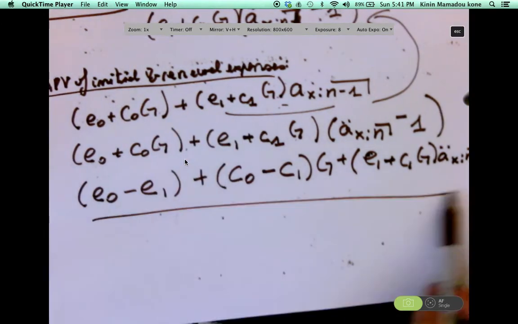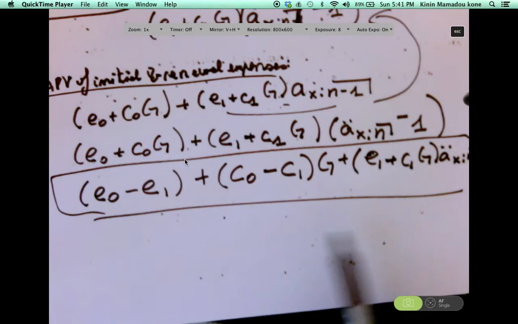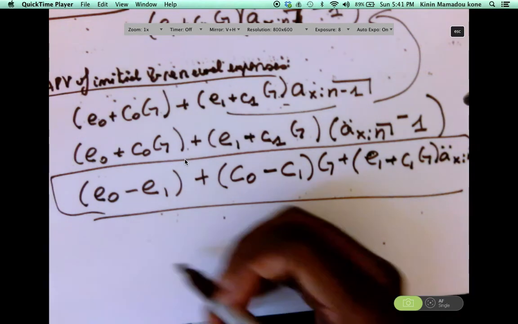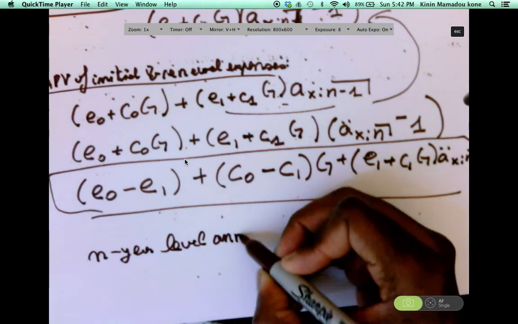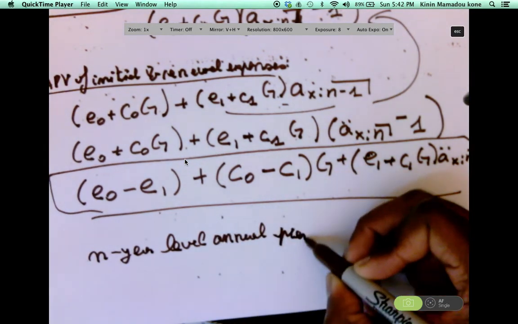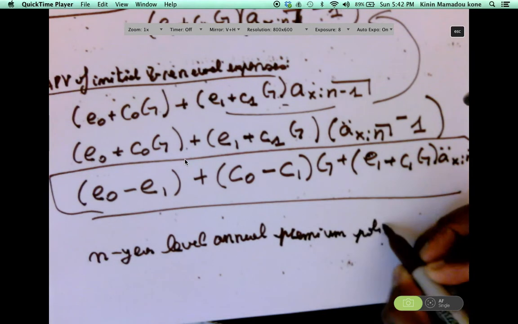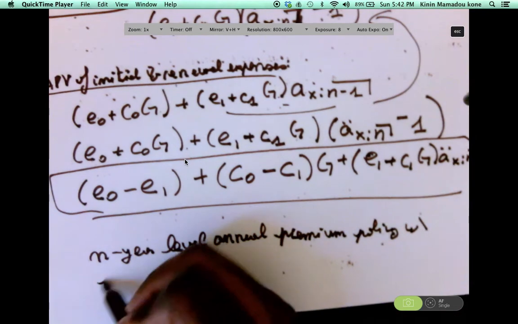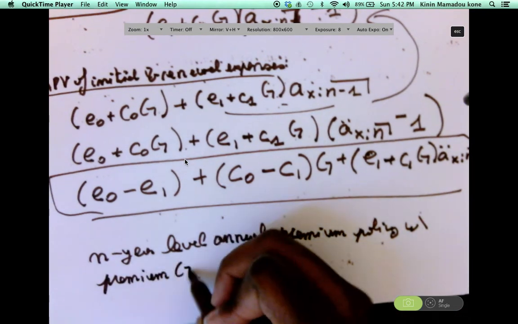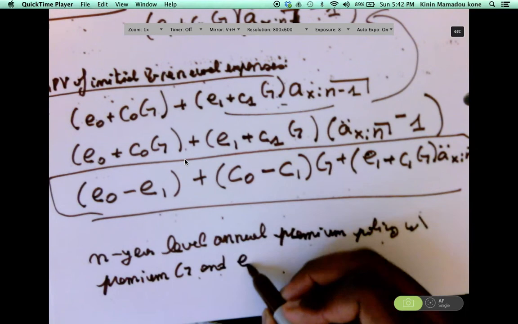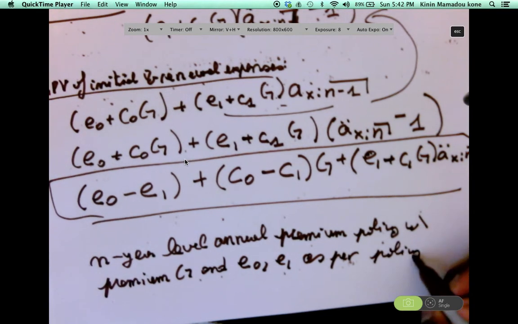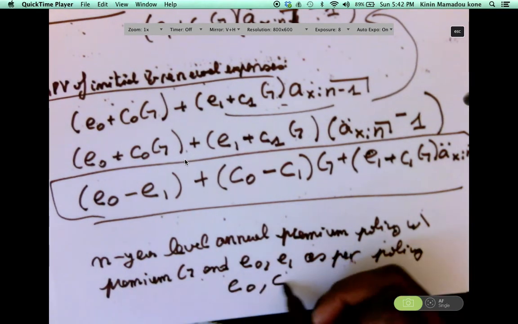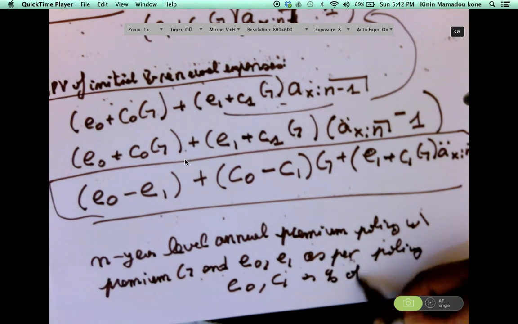So that's the formula if you're asked to find that, given that you have an n-year term insurance, the n-year level annual premium policy with premium G, and E0 E1 as per policy expenses and C0 C1 as percentage of premium.